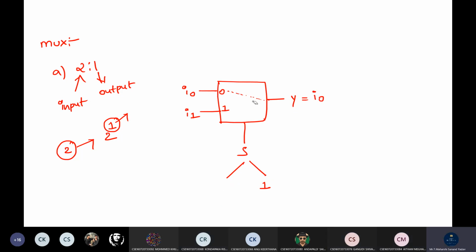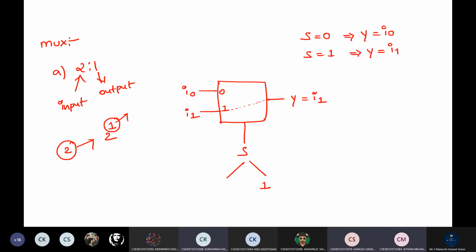Next, if you apply S equal to 1, at 1 whatever you are applying, you are connecting it as the output, so you'll get output as I1. So what is the conclusion? If S is equal to 0, I am getting Y equal to I0. If S is equal to 1, output is I1.